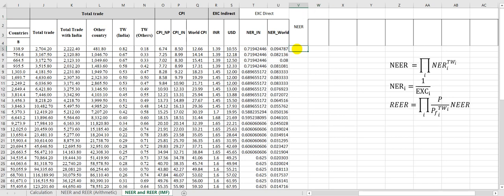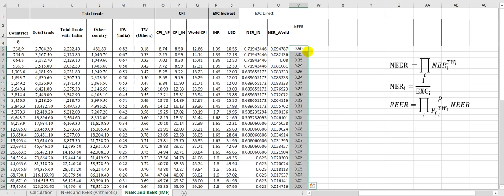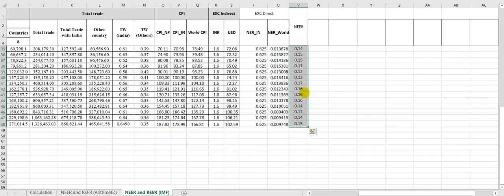Here NER is the geometric average, so we will take the NER of India to the power of its trade weight, times the NER of world to the power of its trade weight. And I will double click on it.